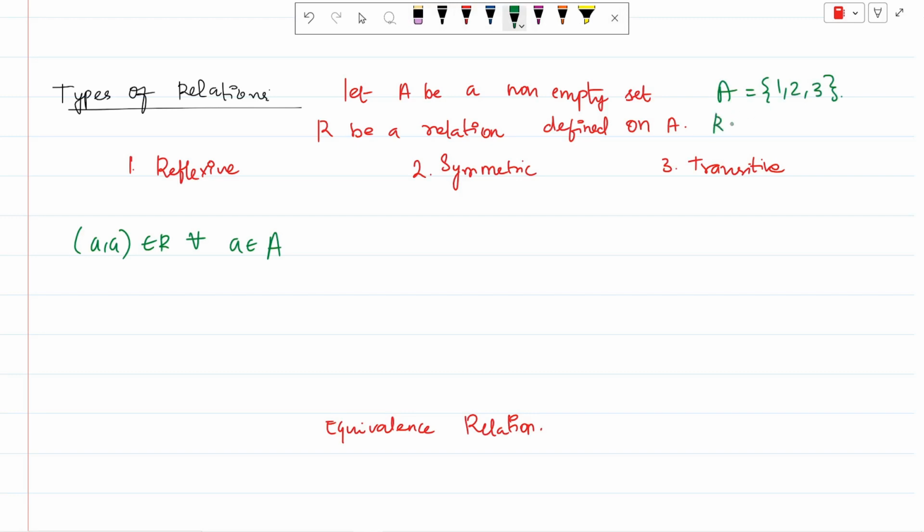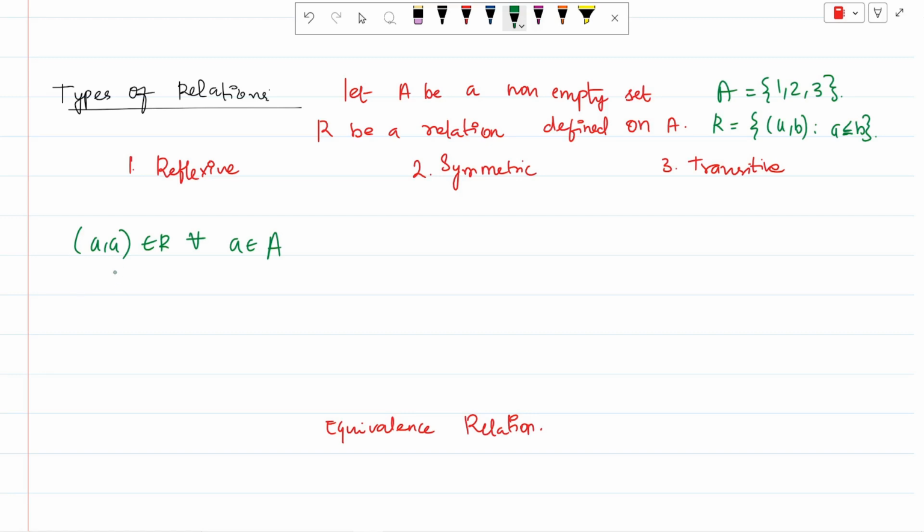R is equal to the set of all (a, b) such that a is equal to b, or else a is less than or equal to b. Let me take this example.